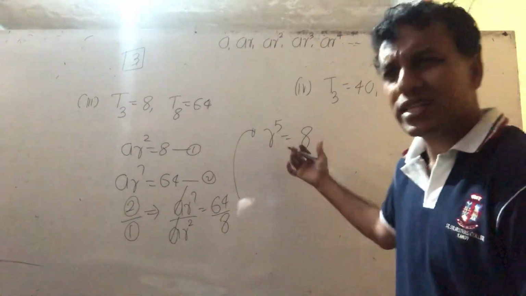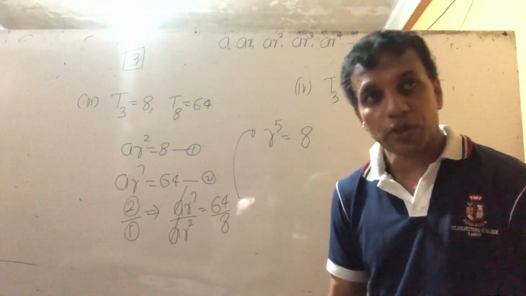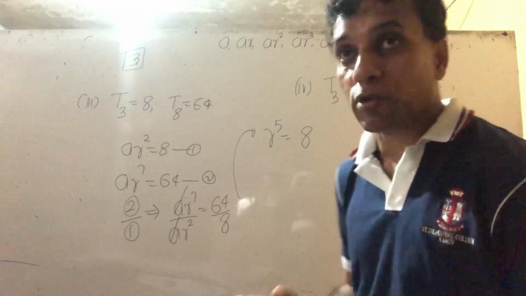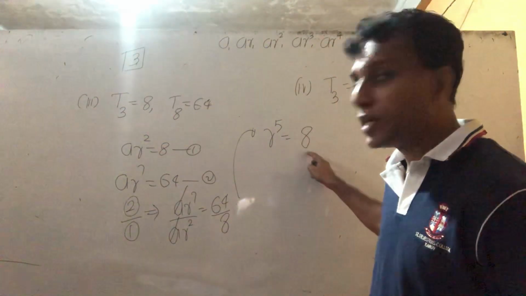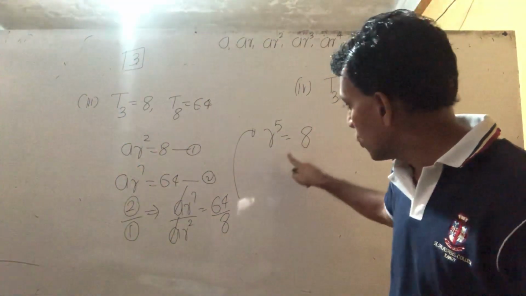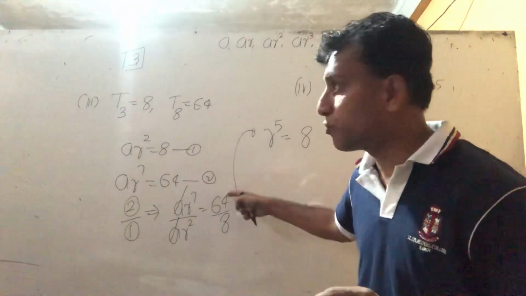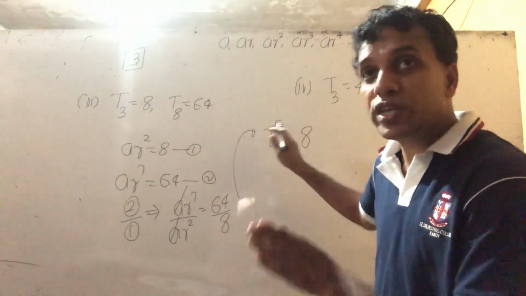No matter, we can answer, there's a value for R. Sometimes you think the problem is wrong, but no matter, we can change it. If you want, you can say 32 here, then there's a chance to write powers in base 2 and go on. Otherwise, see, R power 5 is 8.